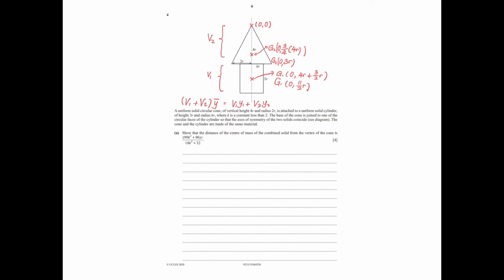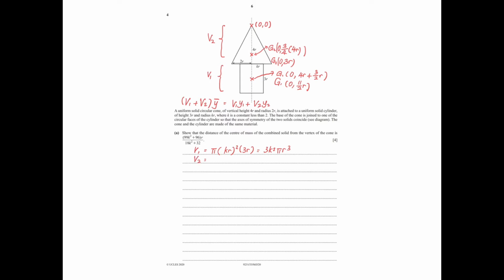Before we start using that formula, it is good to find out the volume of each of the geometric solids here. We start with V1. As we know, V1 is a cylinder. So the formula is pi r square h. The radius is kr, squared, multiplied with the height 3r. Simplifying, we get 3k square pi r cube.